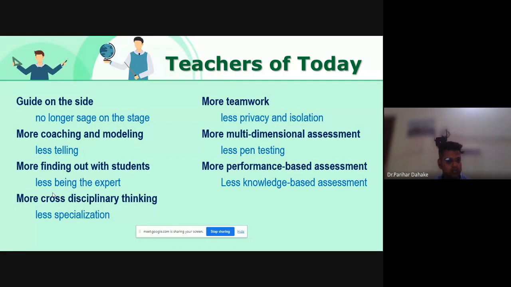More cross-disciplinary thinking is required. But we have less specialization. Not we, but there are so many people who stick to only one specialization, and because of that this limitation leads to less knowledge delivery to the students.